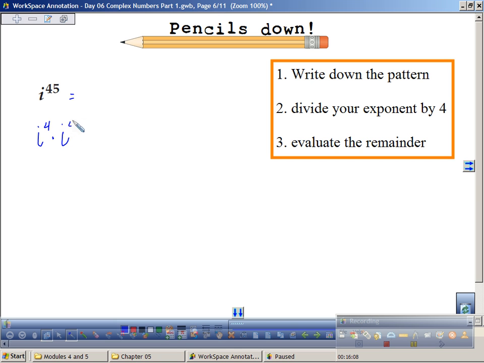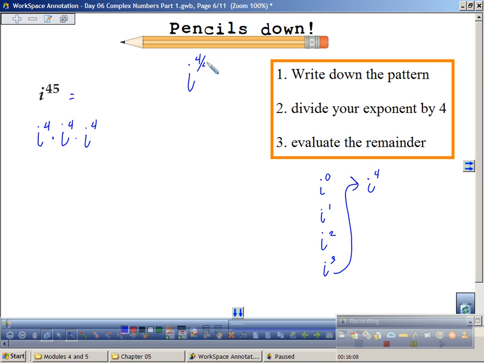Times i to the 4th times i to the 4th. The reason is that it's a cycle of 4s: I've got i to the 0, i to the 1, i to the 2, i to the 3. It's a cycle of 4 before it starts over again at i to the 4th, right? You guys see that? 1, 2, 3, 4.